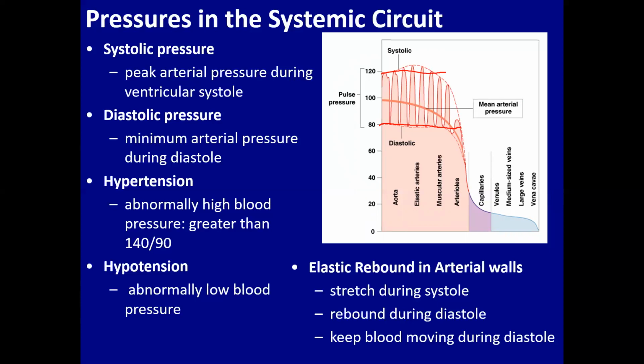So that is your systolic measure, and this is your diastolic pressure. Hypertension is defined as anything that's greater than 140 over 90. Hypotension is abnormally low blood pressure.